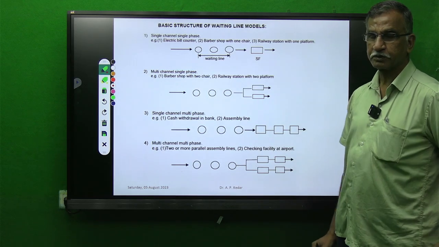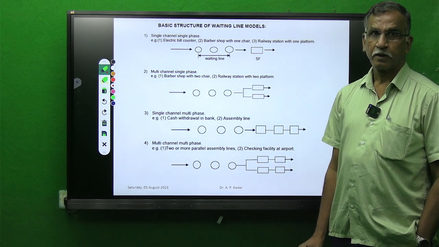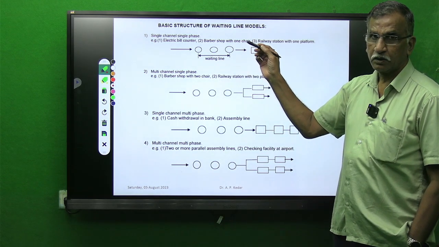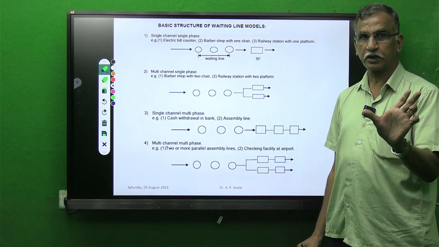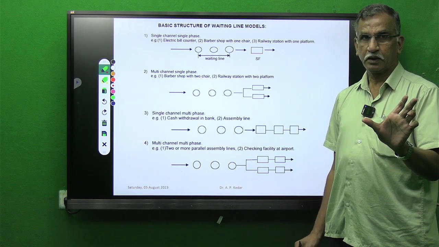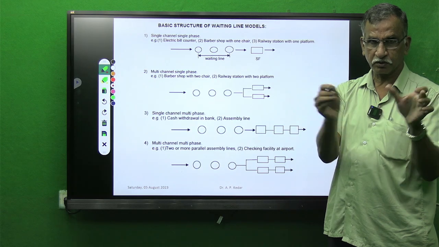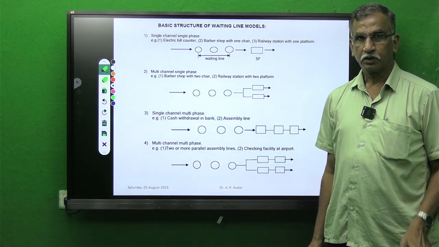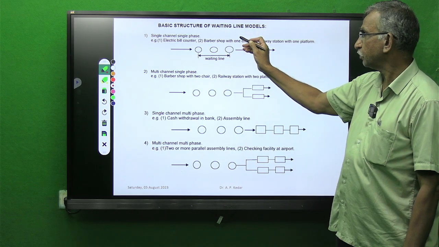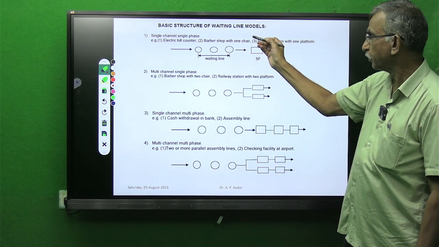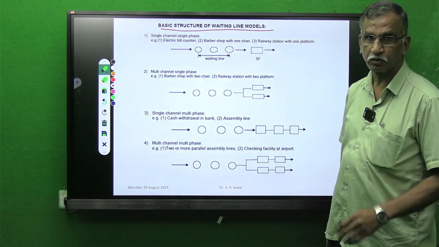The previous slide explains the nature of the queue, what you mean by queuing system, the entire queuing system. And the queuing system comprises the waiting line plus the customer being served. The total span we have noted as queuing system. So here I have tried to provide you the very basic structure of the waiting line model or queuing model.